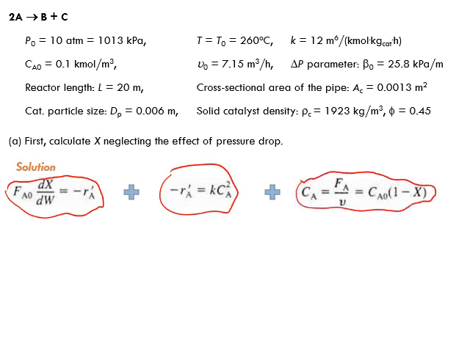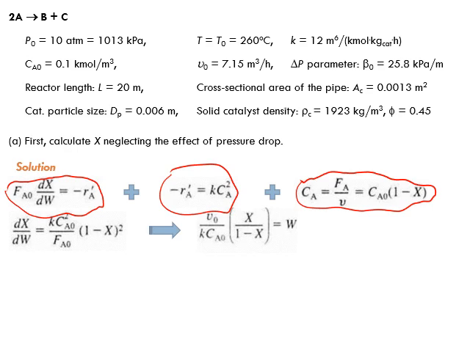And obviously here you consider T over T naught to be 1, and also P naught over P to be 1 because you're neglecting the effect of pressure drop. Once we combine all of this, we get this equation, which is easy to integrate to get this equation.